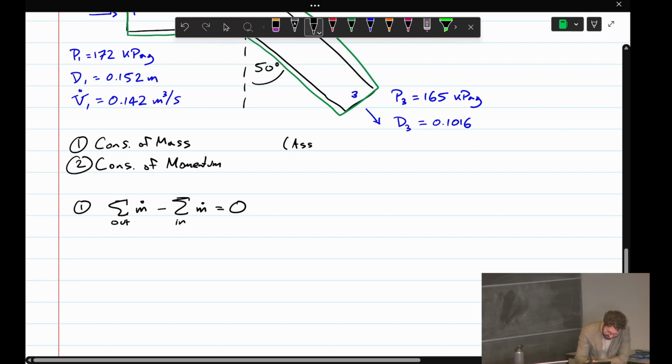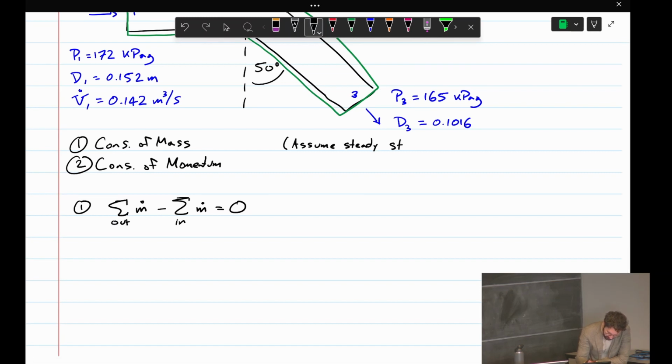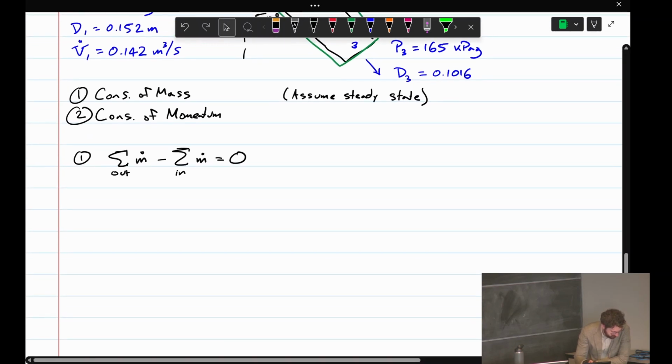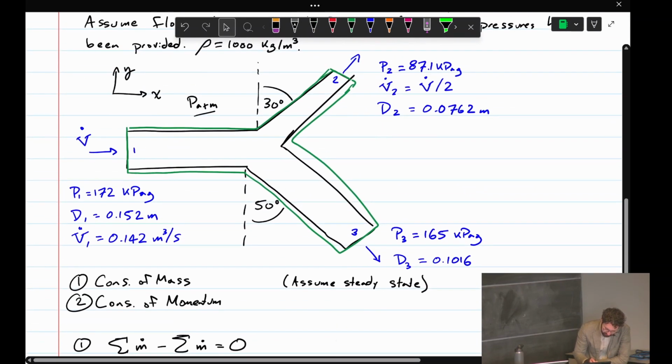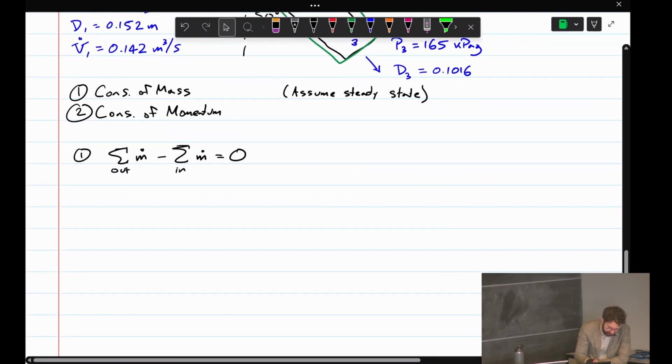I'm also going to assume steady state. Our outflow in this problem is through branches 2 and 3, and our inflow is through branch 1.